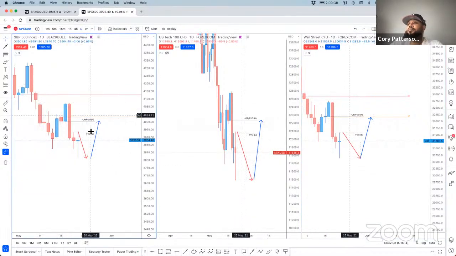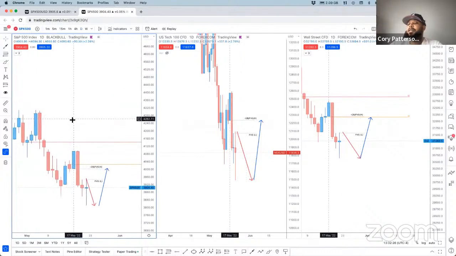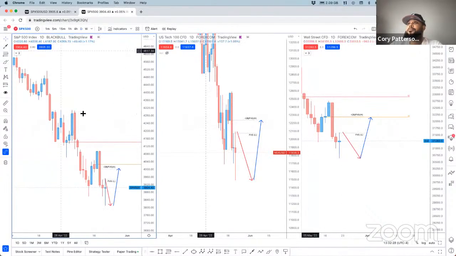But this would be the highest probability range right here, where we push at least back up to this area, because if we're going to go up, we've got to fill this imbalance back up on each one of these, just like last week.